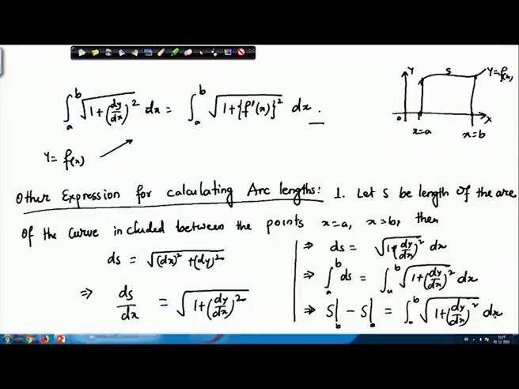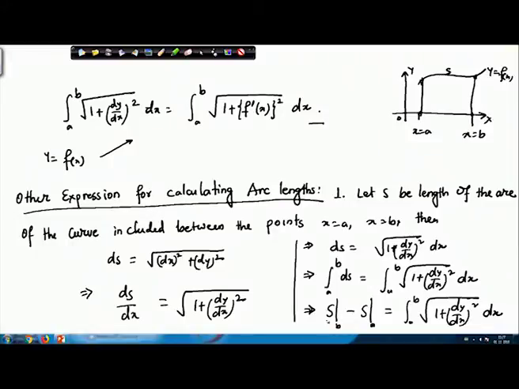So this is basically the arc length. The value of s at B will be the whole length, and the value of s at x equals a is 0.